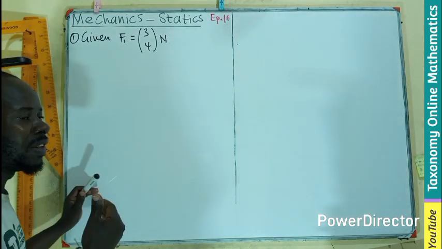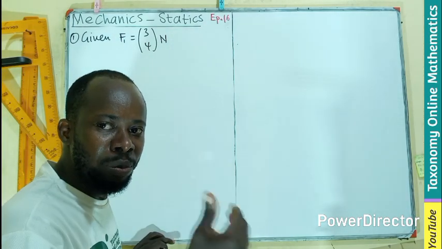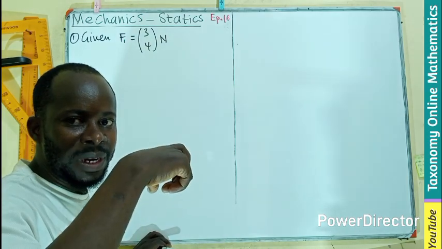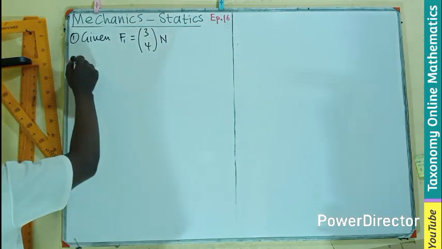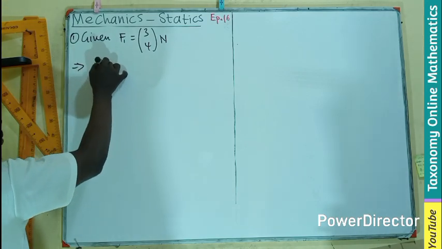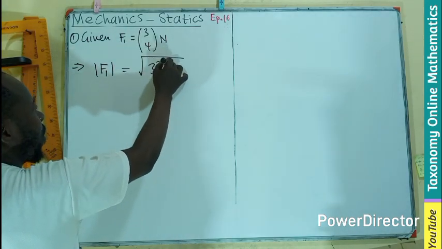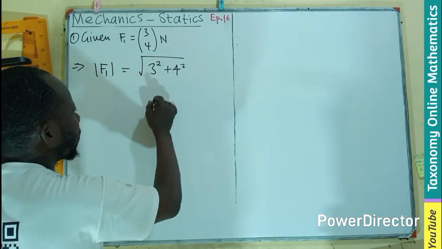So converting this into the magnitude bearing form, first thing we need to do is to find what? The magnitude, right? So this implies that the magnitude of the force 1 equals the square root of 3 squared plus what? 4 squared.